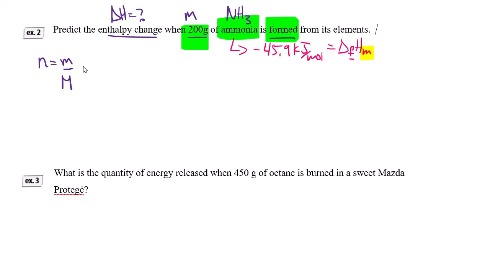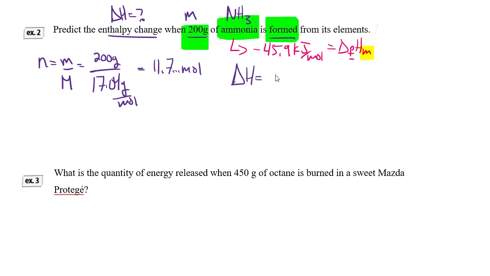So N is equal to m divided by big M, my mass divided by my molar mass. So I'm burning 200 grams of ammonia, and its molar mass is 17.04 grams per mole. So 200 divided by 17.04 gives me 11.7 moles of ammonia. And now I want to find the enthalpy change. So I've looked up my molar enthalpy already. So my delta H is equal to my molar enthalpy times my number of moles.